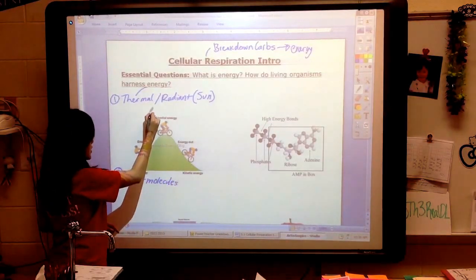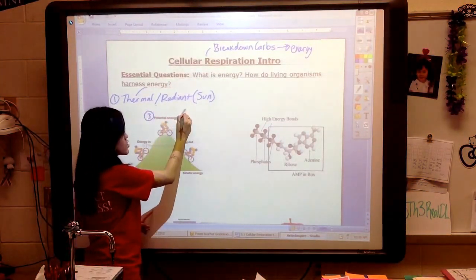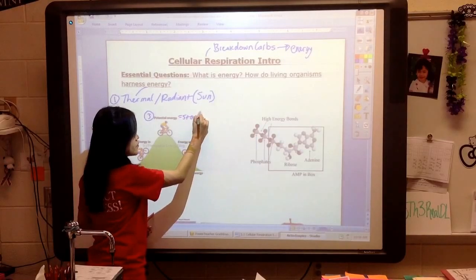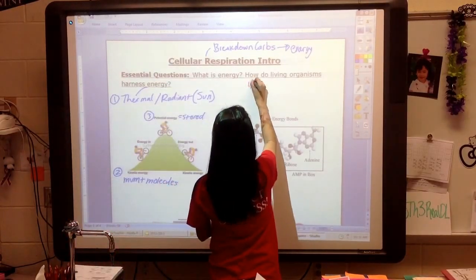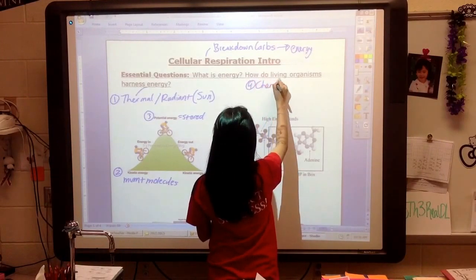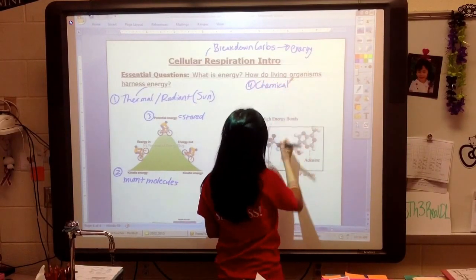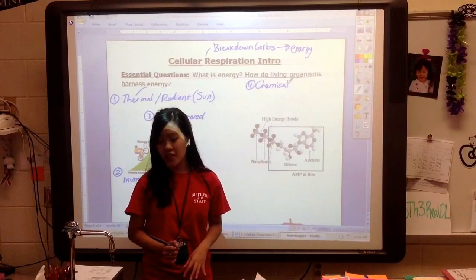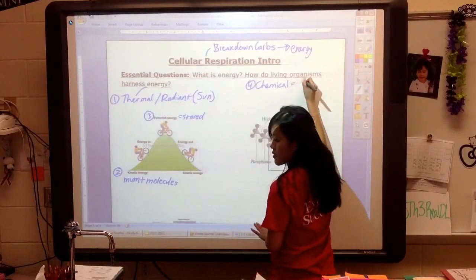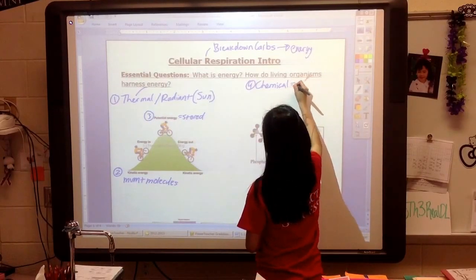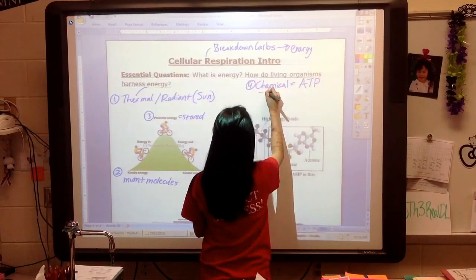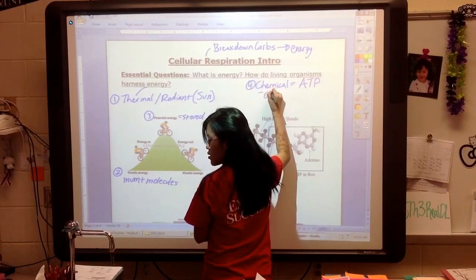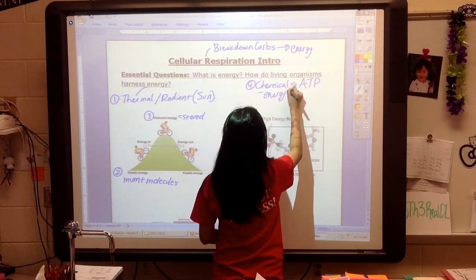We have potential energy, which is stored energy. And we also have chemical energy, which is energy that's stored in the bonds. And this will come actually in the form of ATP. And ATP is an energy storage molecule.